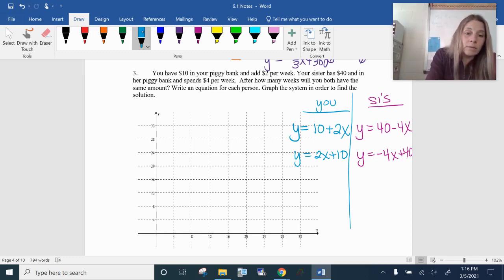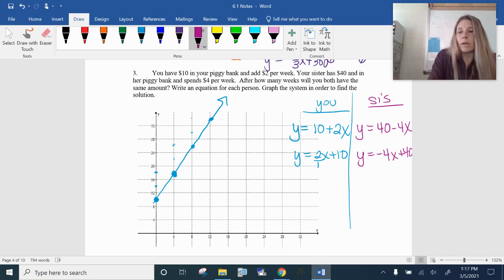So go to 10. Now, 10 is in between the 8 and the 12 here. And then we're going to go up 2 over 1. So up 2. Now, if I'm starting in the middle of the box, I've got to go to the middle of the box. So up 1, 2, and then over 1, like that.